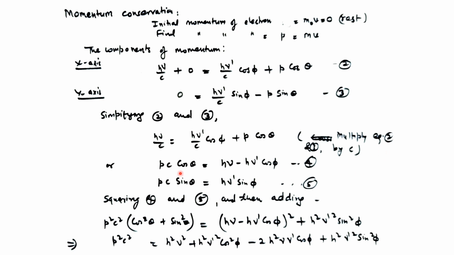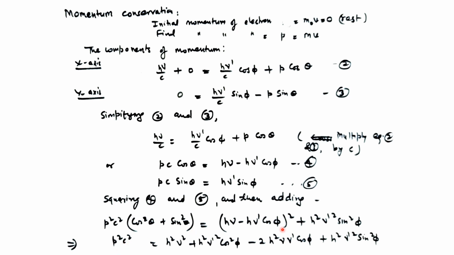And now if we square these two terms, 4 and 5, because we need to get the p square c square term, we get p square c square cos square theta plus p square c square sin square theta when we add them. The right hand side is also (h nu minus h nu prime cos phi) whole square plus (h nu prime sin phi) whole square.